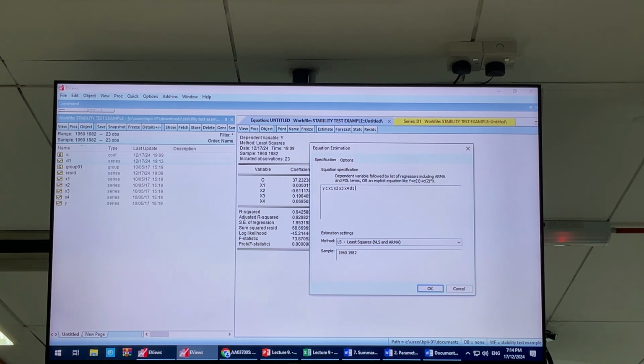Okay, but this only allows the intercept to be different between the two groups, before and after. We need to allow the slope to be different as well. So the slope for beta 1, for x1, x2, x3, and x4.